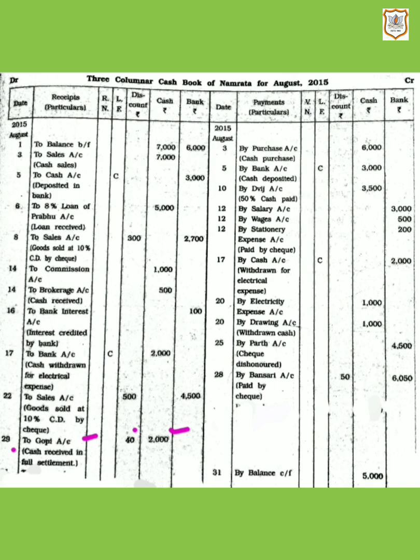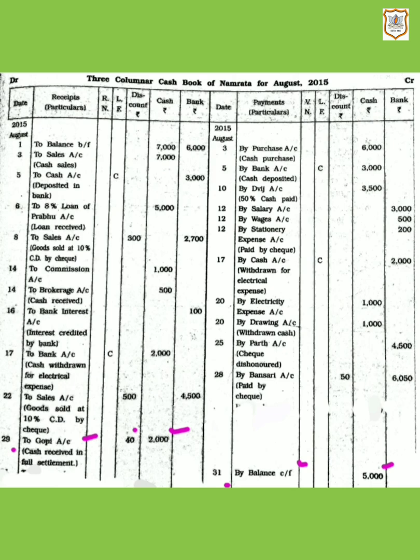This is the closing cash balance, that is rupees 5,000. And we know that the closing cash balance will always appear on the credit side of the cash book in the cash column. So here we will write date 31st, By Balance c/f, amount 5,000.